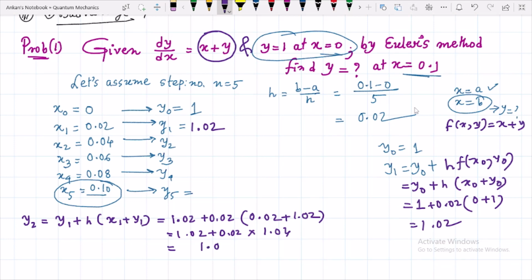Multiplying 0.02 by 1.04 gives 0.0208, and you get 1.0408. Okay.